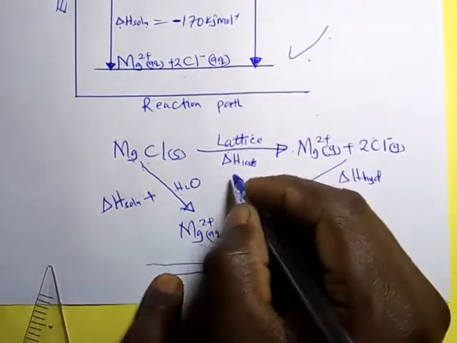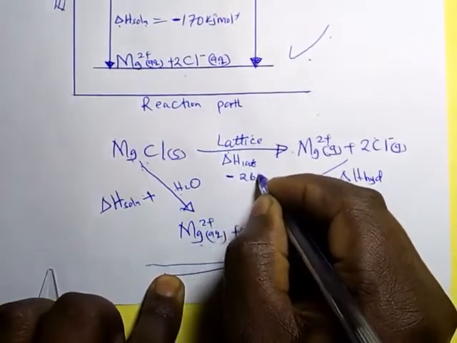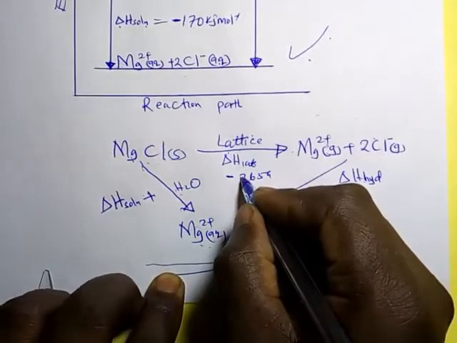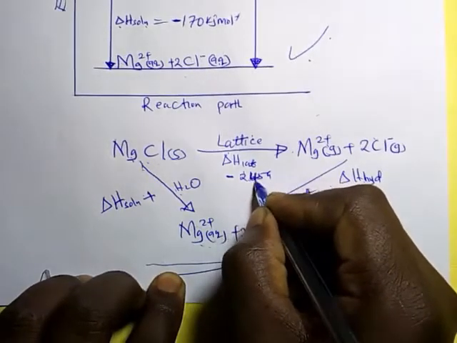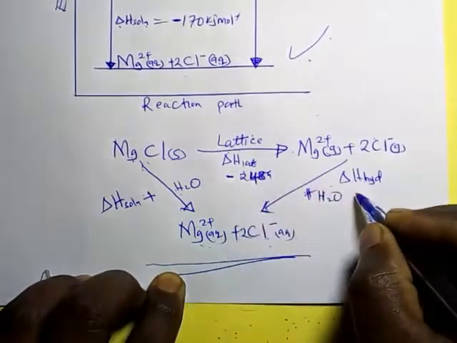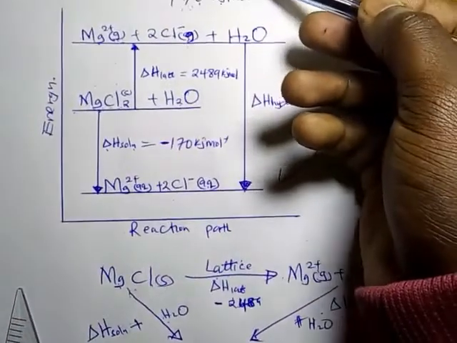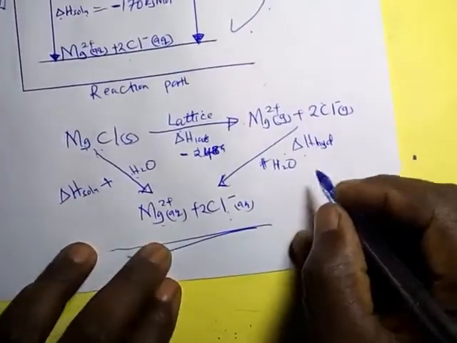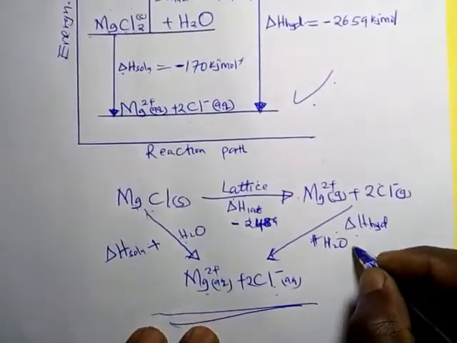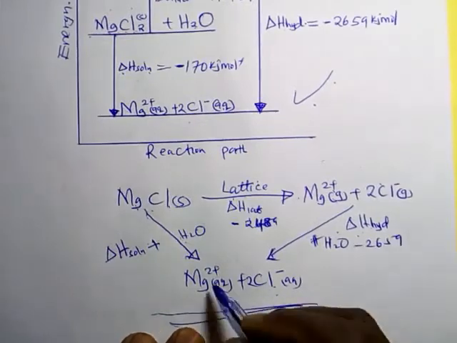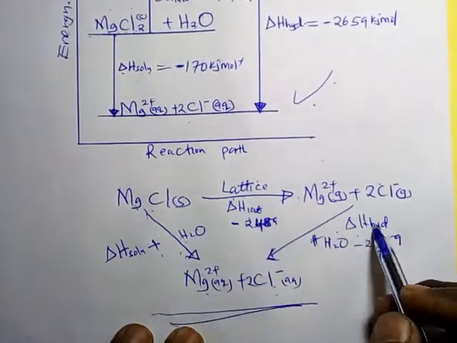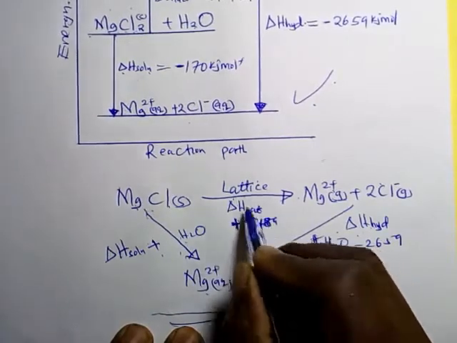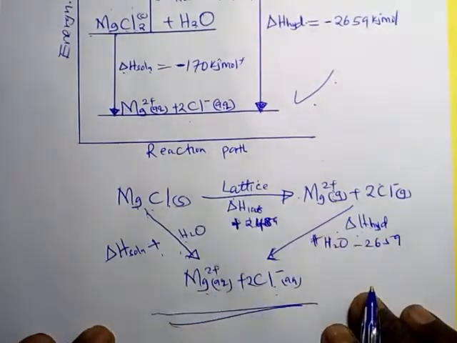We have this one as negative 2659, and this one negative 2489. Hydration is negative 2659. So hydration energy is equal to this plus this, and you are done. But the lattice term here should not be negative, it should be positive because this is bond breaking.